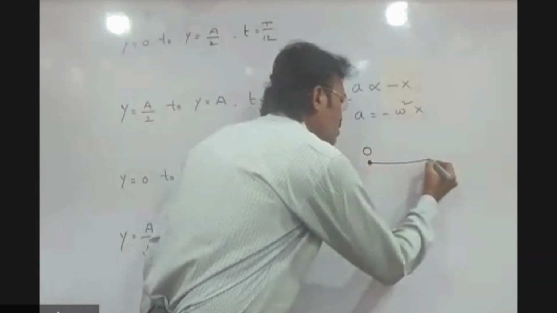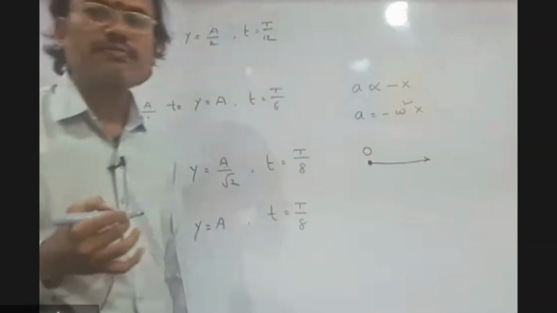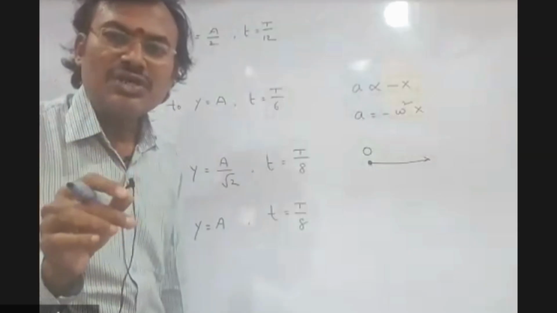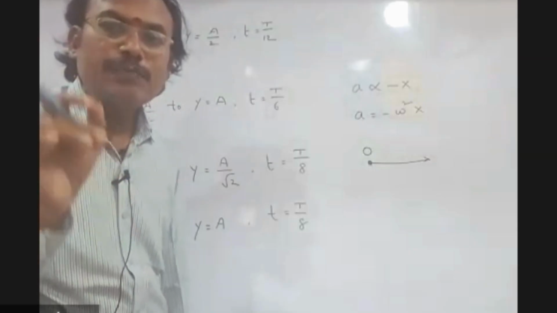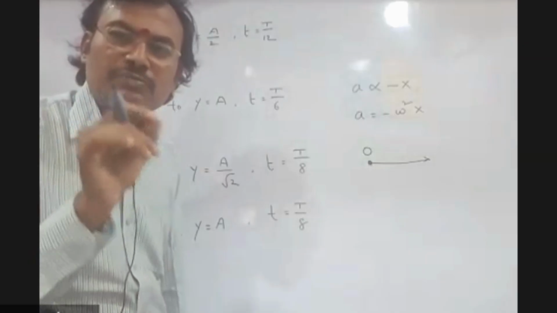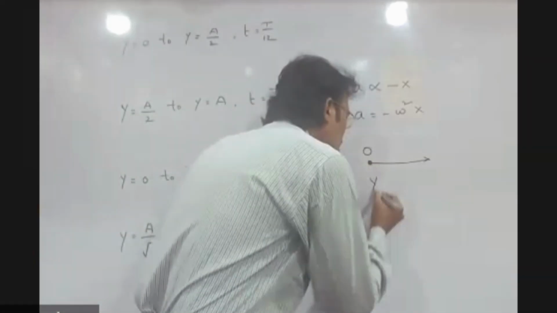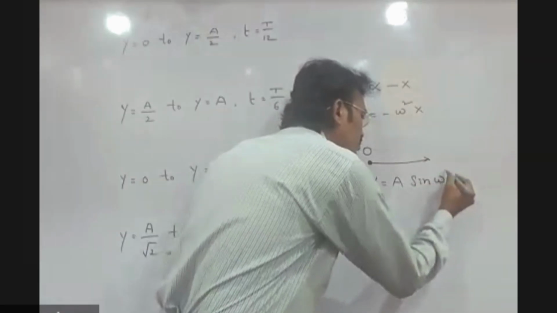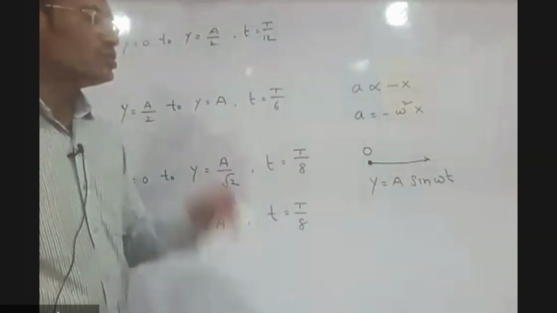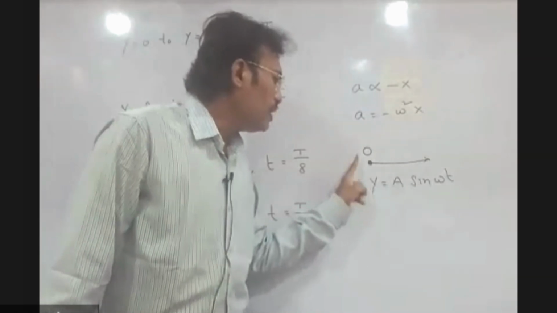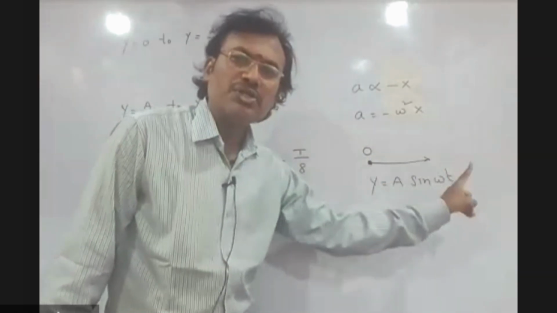From mean position to extreme position, the particle is in motion. At that moment, the formula for displacement of the particle is y is equal to a sine omega t. This is the formula you consider when the particle is traveling from mean position to extreme position.